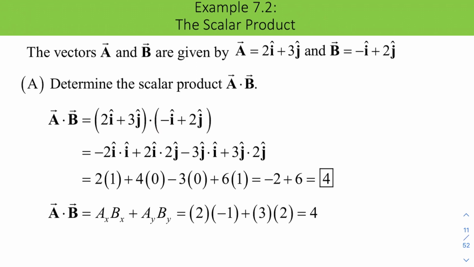My suggestion, you don't have to consider I dot J or J dot I, because it's going to give you 0. Straight away, use I dot I and J dot J. So you have here 2I dot negative I, so you will have negative 1.